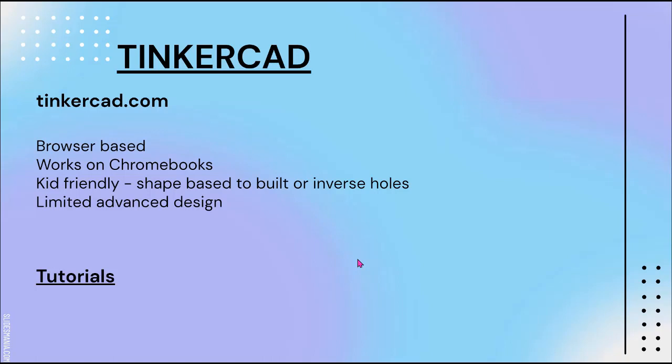And so there is kind of limited advanced design, but the nice thing about Tinkercad is you can change the size of objects really easily, and often that is one of the only things that we need to do, to make something a little bigger for a student or make it a little smaller or add a little bit more security to something, a built-up handle or something so that the student can use it better. So that's Tinkercad.